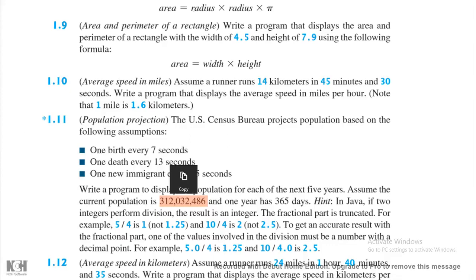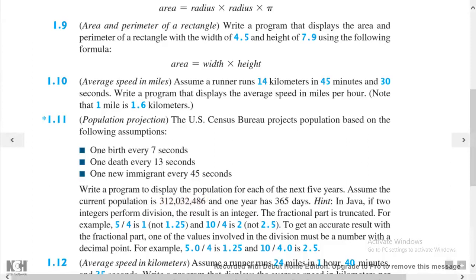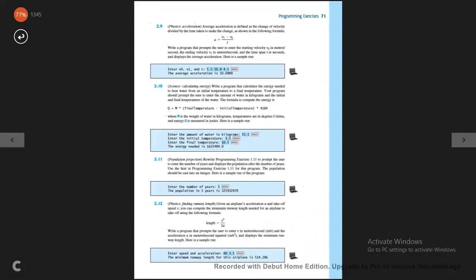To get an accurate result with the fractional part, one of the values involved in the division must be a number with a decimal point. For example, 5.0 over 4 is 1.25, and 10 over 4.0 is 2.5. Now let's get back to the original problem, which is on page 94.